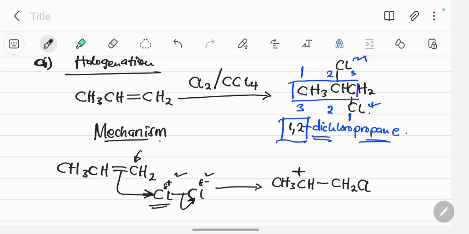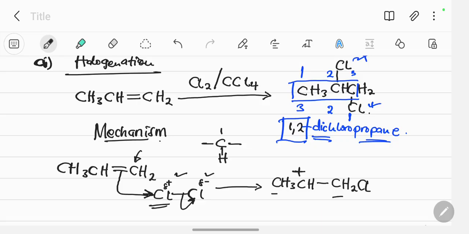Why is it having a positive charge? Because it's not fully bonded. It's bonded to hydrogen, then one is bonded to the other carbon atom there, then the other is bonded to the carbon atom this way and that way.